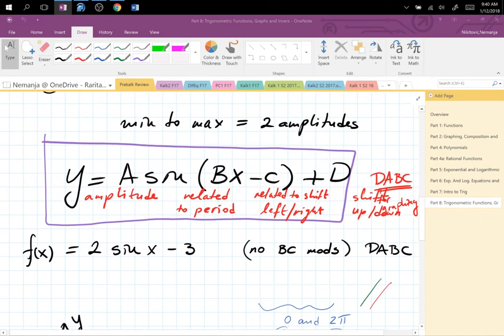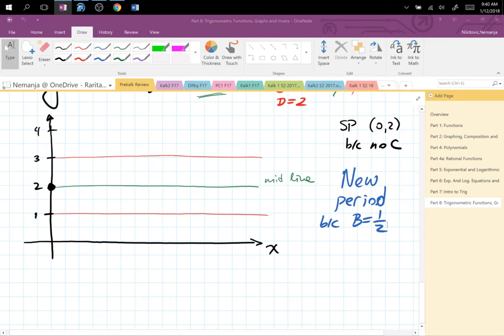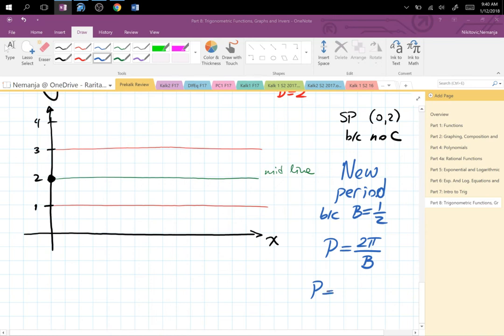I said B is related to period. So the formula that relates the two is that period is equal to 2 pi over B. That's the formula. So period in this case is 2 pi divided by 1/2, which is 4 pi.